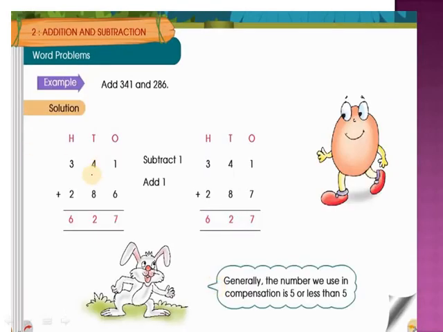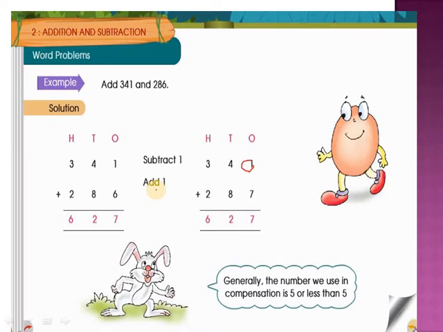Now we have to make the large number easy to add. So what are we going to write? Write the addends and try to change any one of them into a number which ends in 0. To do this we need to add or subtract a number from any one number.